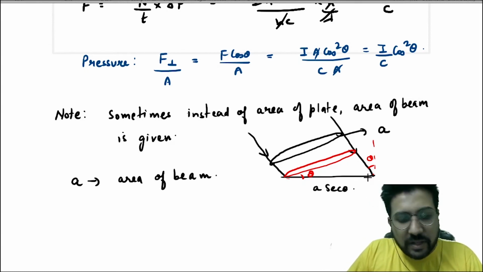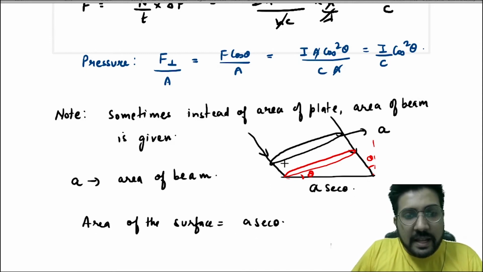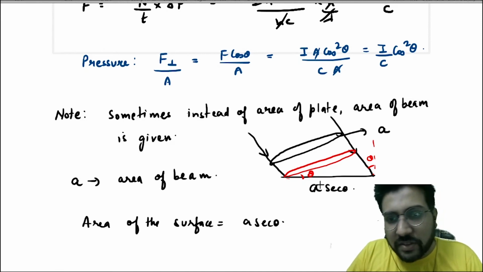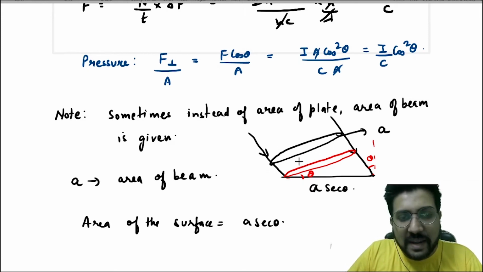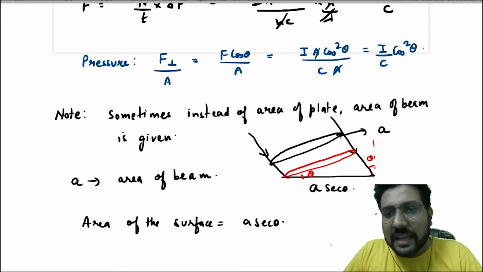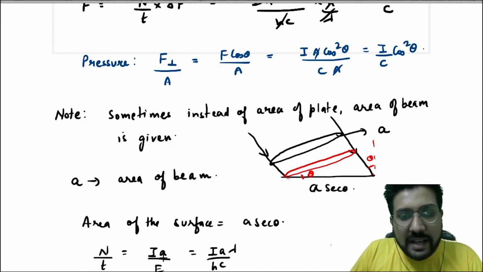And what is the number of photons striking this surface per unit time? Because this area of the beam small a is already perpendicular to the beam, so I'll write directly n by t is equal to Ia by E, and that is equal to Ia, E can be written as hc by lambda.